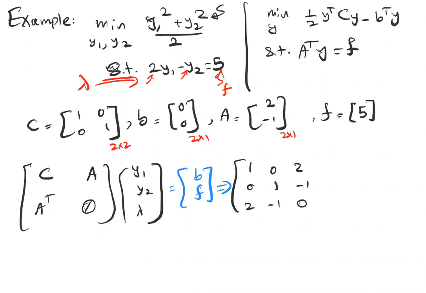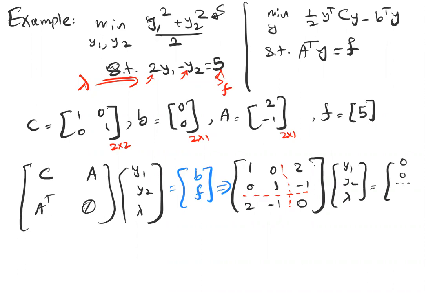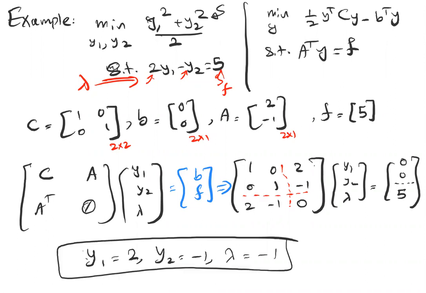I'm going to show the blocks so you can notice how we created this matrix. y1, y2, lambda is equal to B is 0, 0, and F is 5. So if you solve this set of equations, this is going to be your answer. y1 is going to be 2, y sub 2 is going to be minus 1, and lambda is going to be minus 1.